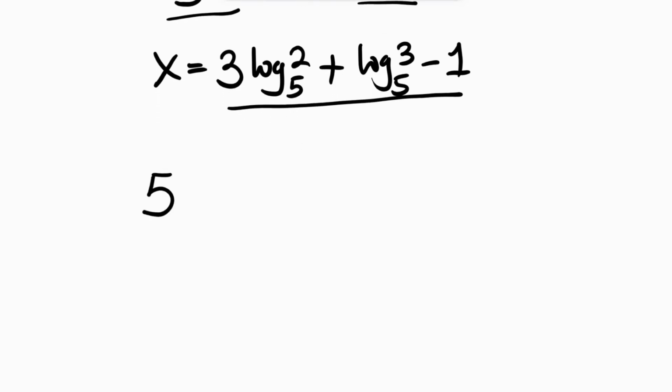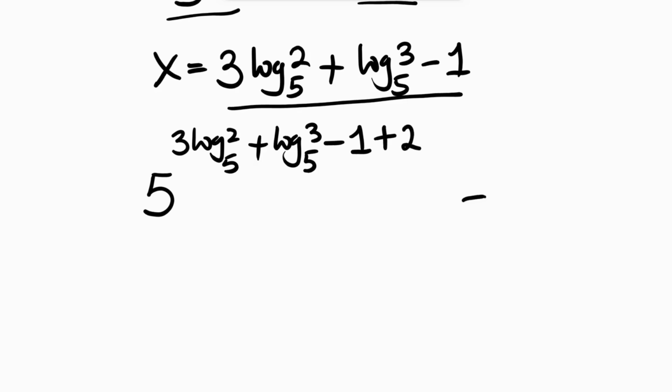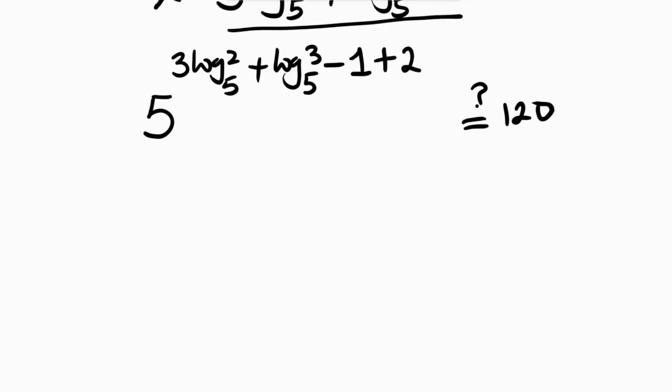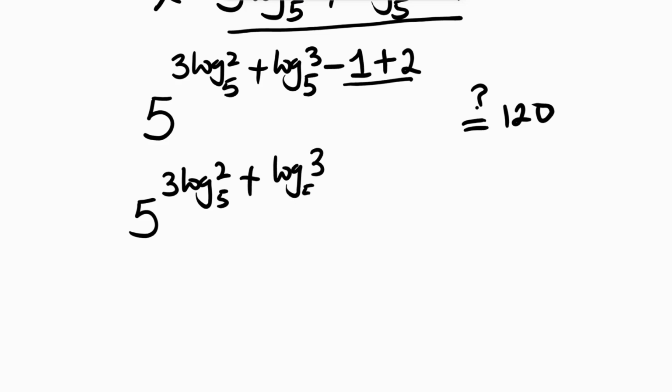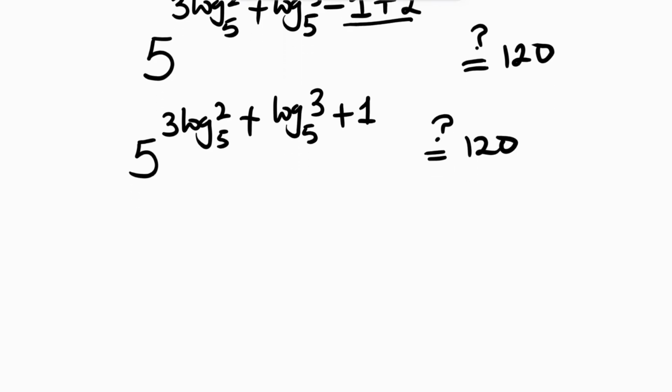So now we have 5 raised to the power 3 log of 2 base 5 plus log of 3 base 5 minus 1 plus 2. Let's see if it's going to be equal to 120. Minus 1 plus 2 will give us positive 1. So 3 log of 2 base 5 plus log of 3 base 5 plus 1.